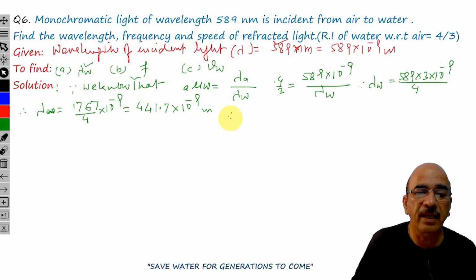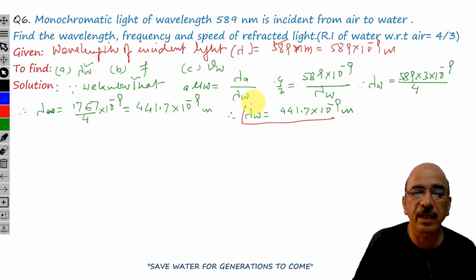So wavelength comes. Therefore wavelength of light in water will be 441.7 into 10 raised to minus 9 meter is the answer. So I am writing it here in a box. So this is the answer.